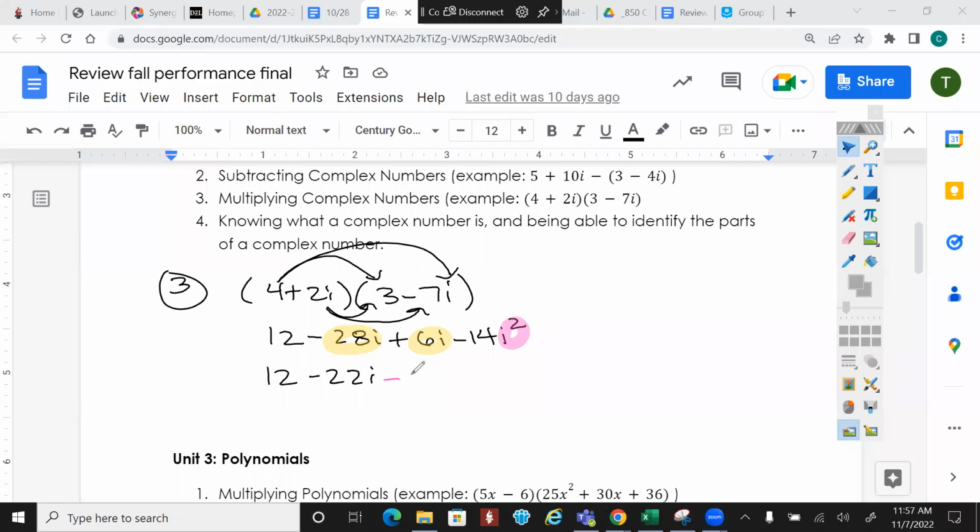So we're going to say negative 14 times negative 1. Well, we know that a negative times a negative gives us a positive, right? So that's going to make this plus 14. And now I can combine my like terms. 12 plus 14 gives me 26, and we've got that minus 22i.